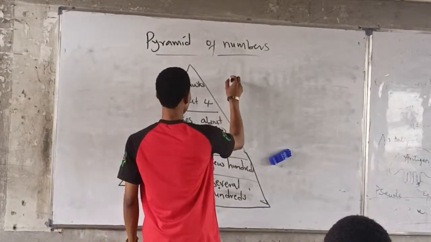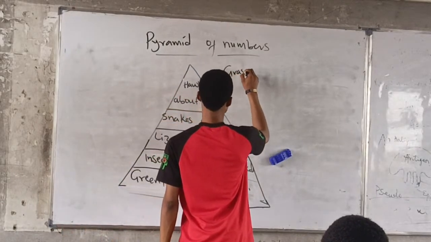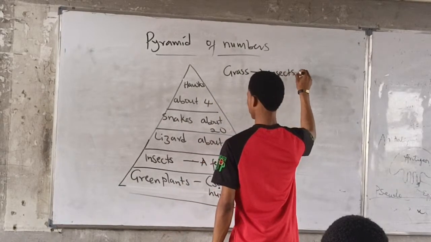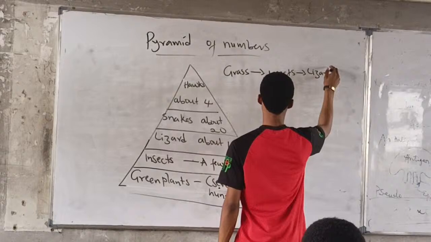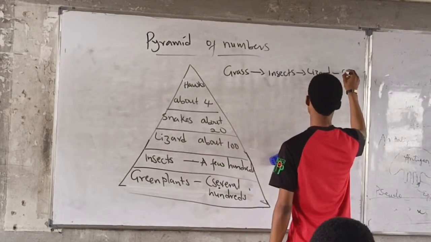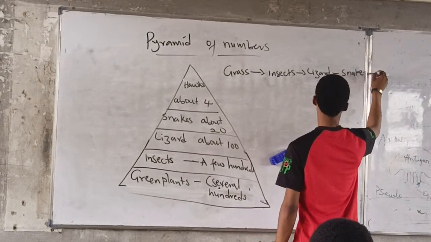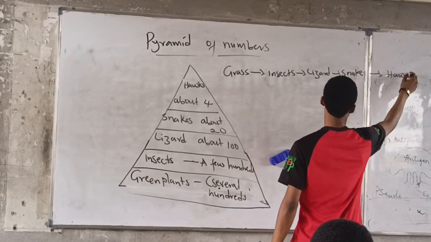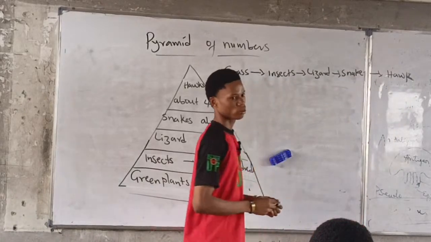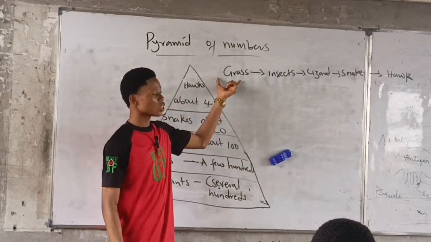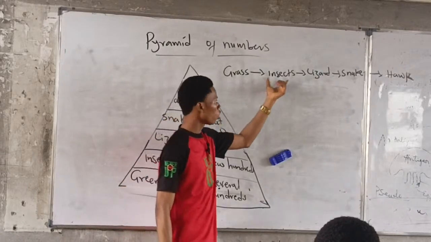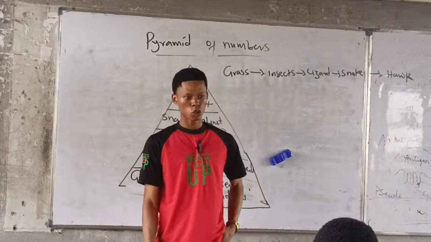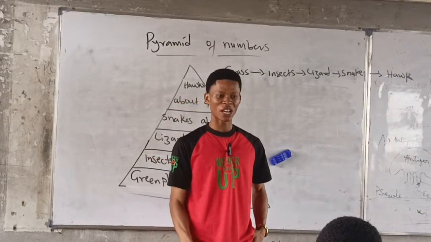Still the one we use: grass, insects, lizard, snake, hawk. Now if you look at this, we know this is the first trophic level, right? Second, third, fourth, fifth.